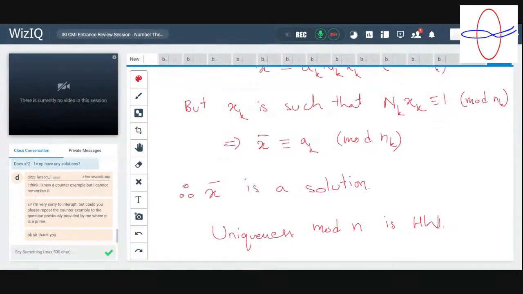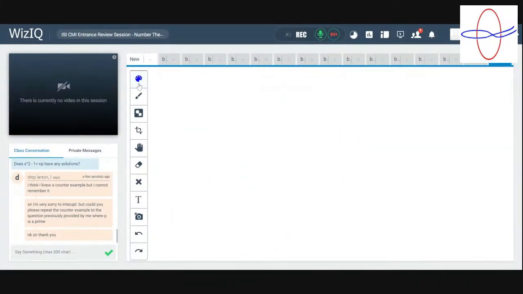Okay. Now another famous result is Fermat's little theorem.